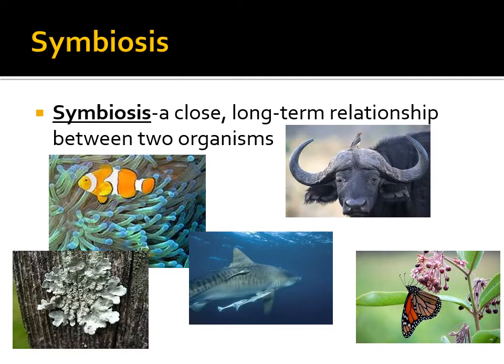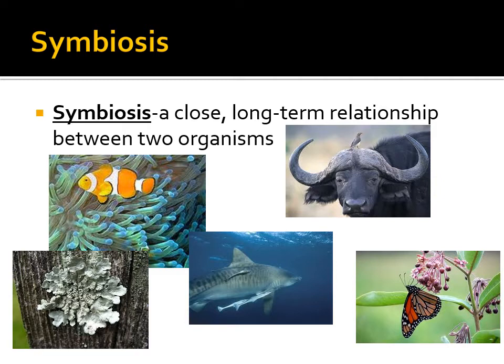Symbiosis refers to a close long-term relationship between two organisms. We can see in the pictures down below many different examples of symbiosis. If we look at the one with the orange clownfish, in that example of symbiosis, you have the clownfish living in a sea anemone. They both depend on each other. The clownfish depends on the sea anemone for protection.